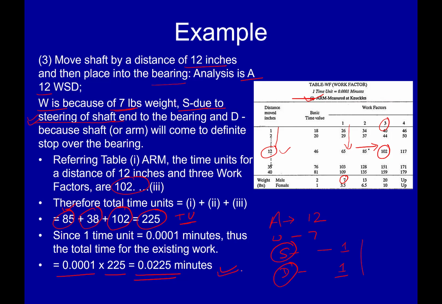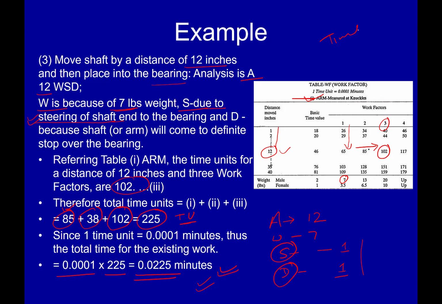The arm reaches to the shaft, it is grasped, and then moved towards the bearing, then positioned, and then the shaft comes to a definite stop at the end, so that this assembly is completed, and the time required is this much, 0.0225 minutes.